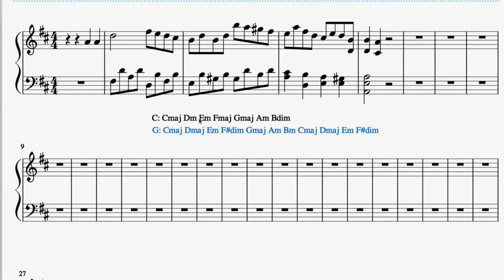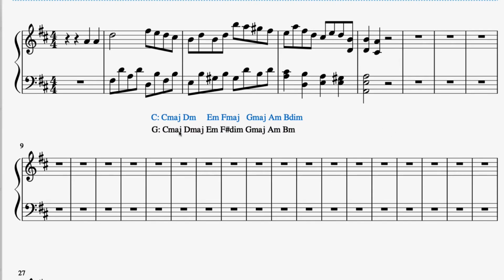C major, D minor, E minor, F. There we go. Okay, so C major is in common, D is not. E minor is in common, F is not, or F sharp. G major is, A minor is. So we have 1, 2, 3, 4 chords in common between the two keys, okay? That means we have 4 potential pivot chords.